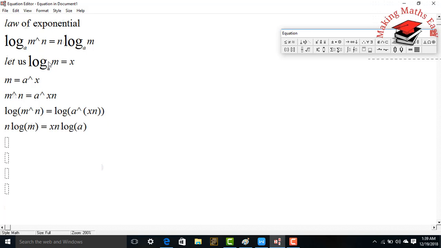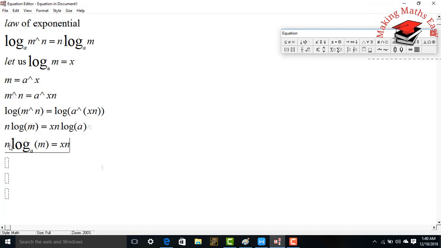If log of a goes down, we will get n log of m base a, as I told you earlier in the law of quotient, this is the property of logarithm, is equal to xn.